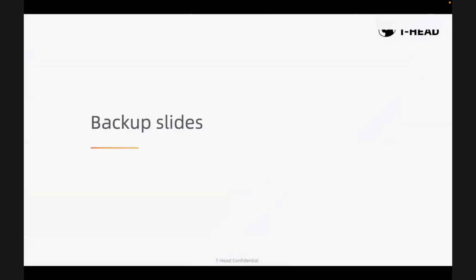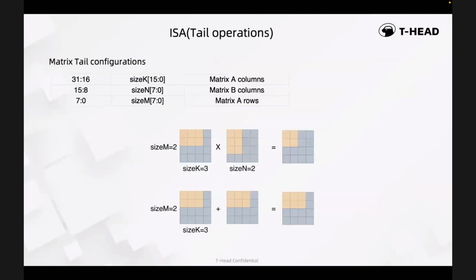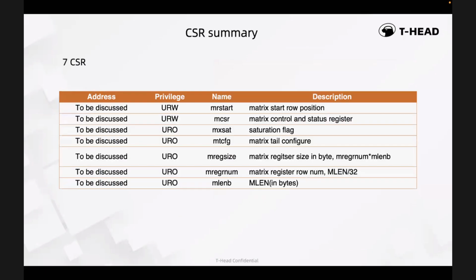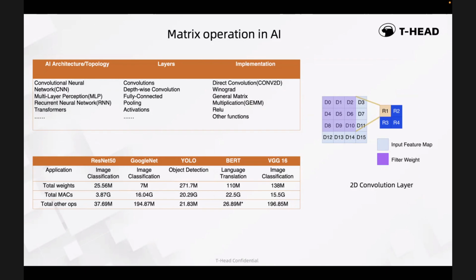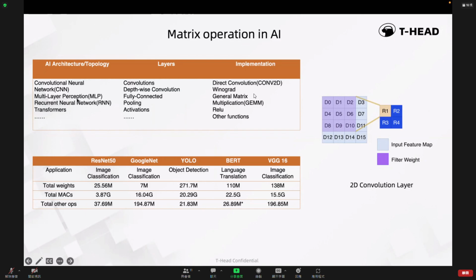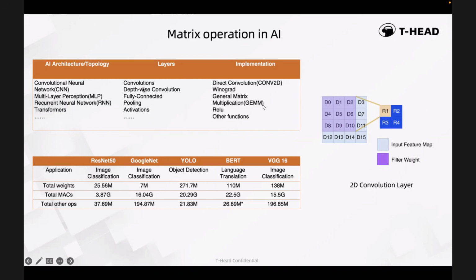I think I gave one slide about matrix operations in AI. There are many matrix operations in AI applications, as shown in this table. All neural network models can be broken down into these implementations, and the three operations like direct convolution, Winograd, and GEMM are composed of matrix operations.